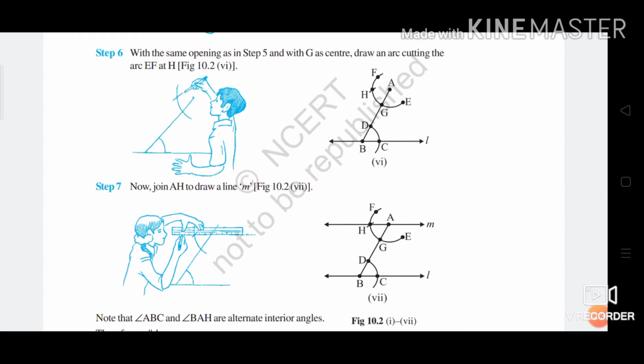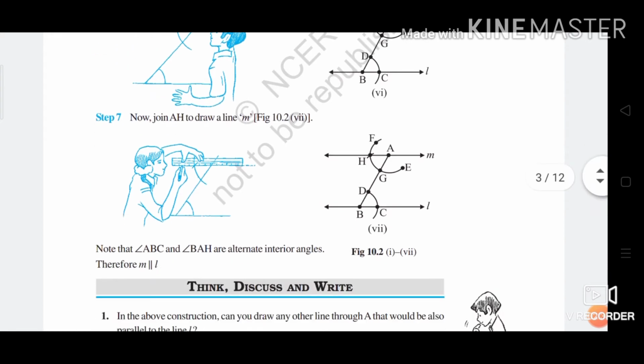This line L and M are both parallel to each other. Which two angles are there? Angle ABC and angle BAH are alternate interior angles, and therefore M is parallel to L. Here you have to keep two properties in mind.